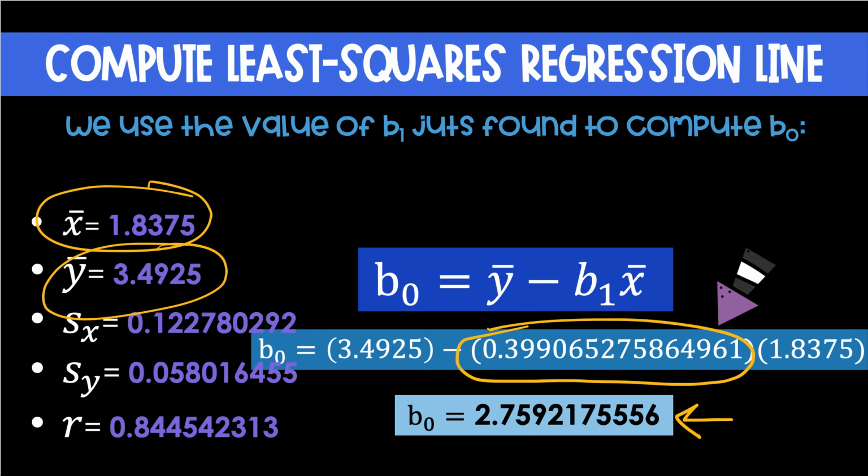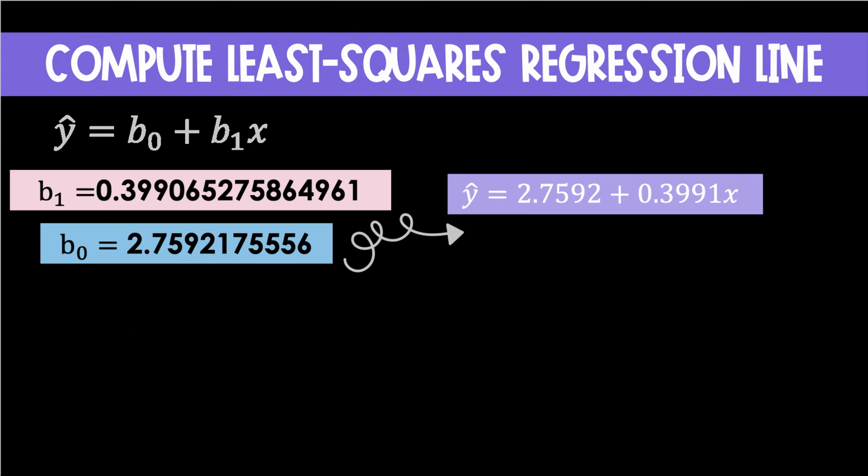Now, those are the values we're going to substitute in our least squares regression line equation. b sub 1 is going to be 0.3990, and b sub 0, your y-intercept, will be 2.7592.